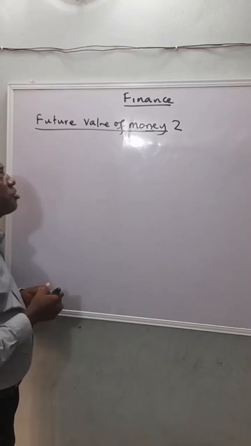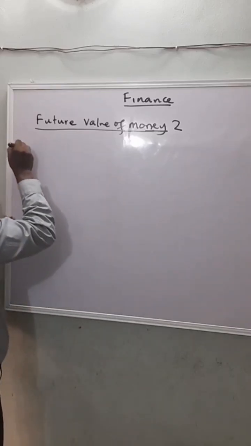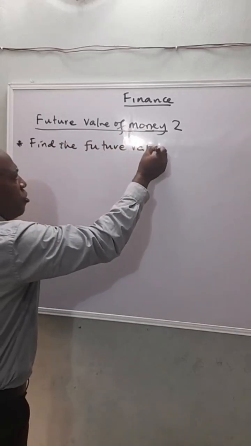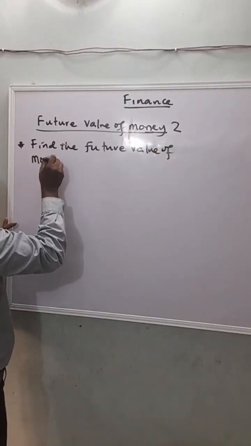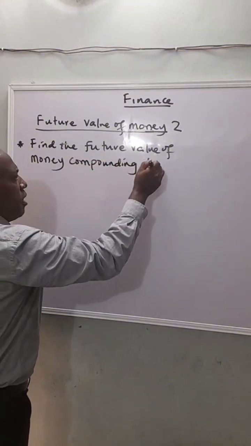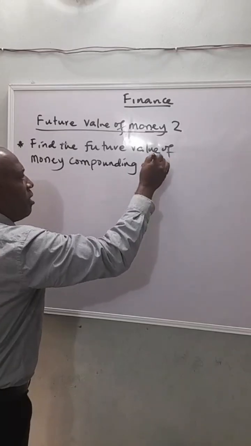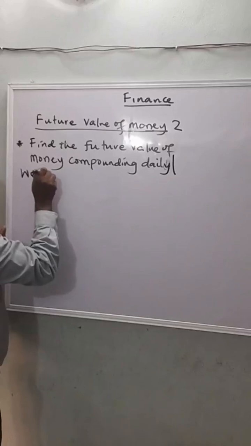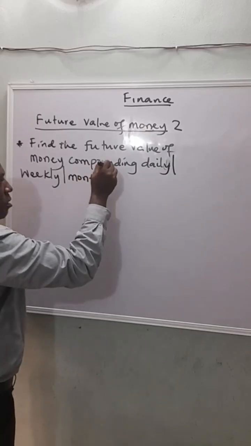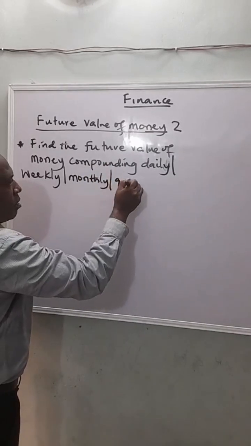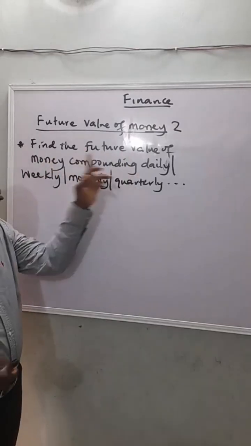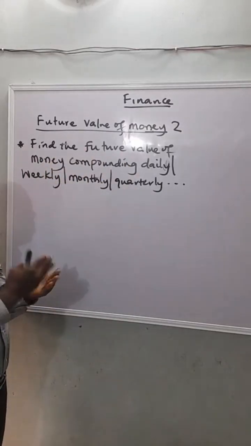As far as finance is concerned, trying to apply the time value of money, you could be asked to find the future value of money compounding daily, weekly, monthly, quarterly, etc.